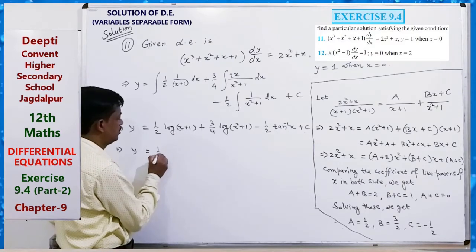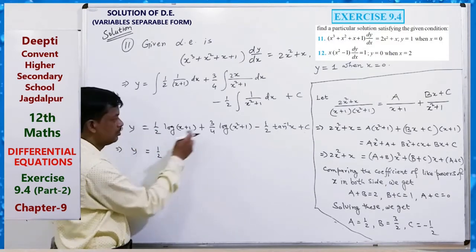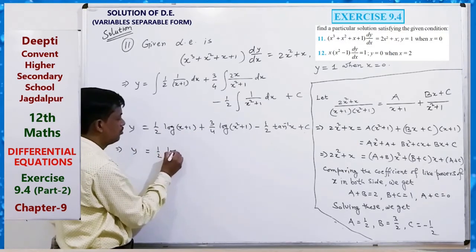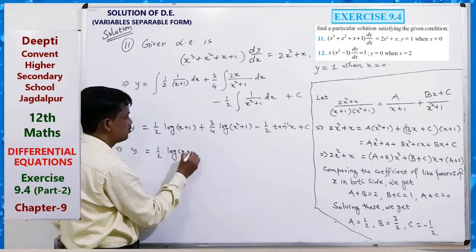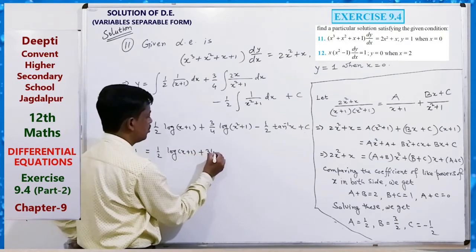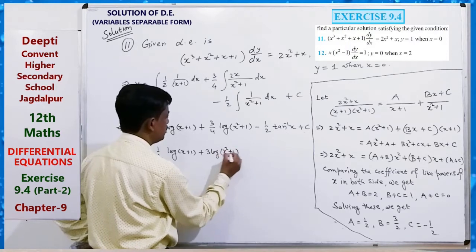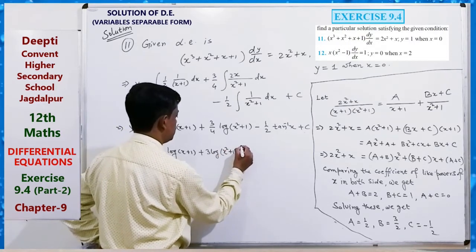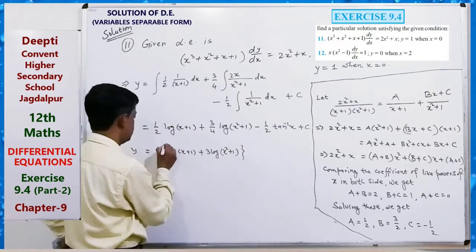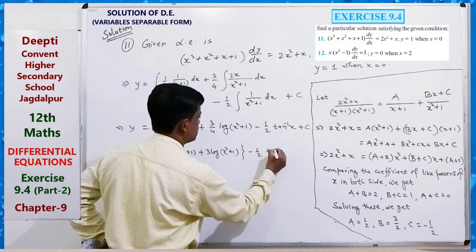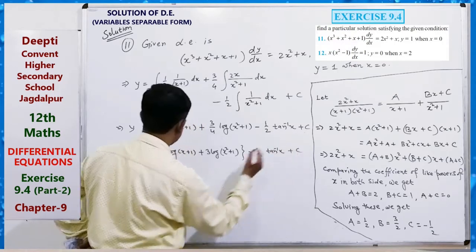Half take common, 1 by 2, then log of x plus 1 plus 3 log of x square plus 1, minus half tan inverse x plus c.